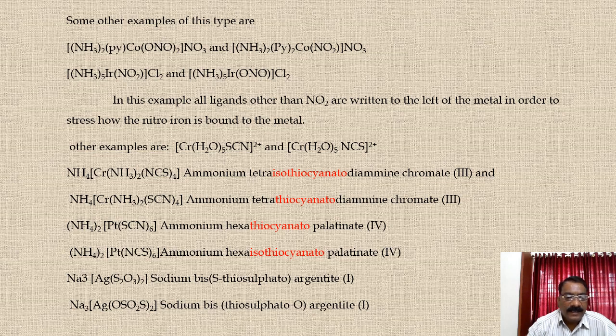Another example, Na3[Ag(S2O3)2], sodium bis(thiosulfato-S) argentate(I), and its isomer Na3[Ag(OSO2S)2], sodium bis(thiosulfato-O) argentate(I). In the first complex S2O3 is joined to the metal atom through the sulfur atom and in the second through the oxygen atom.